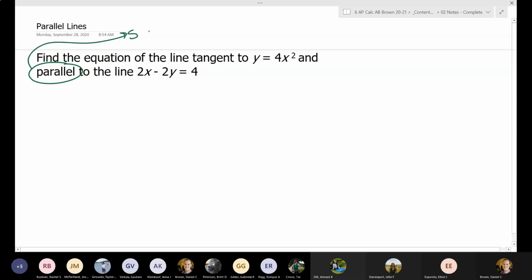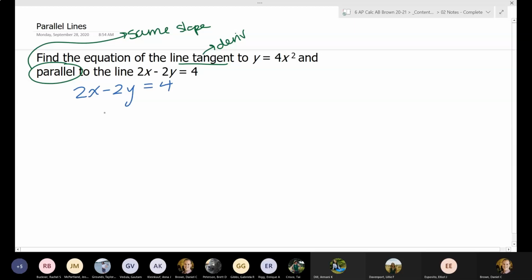That's really the big idea. And then the other big idea is we're talking about a tangent line, we're talking about the derivative. So the big idea behind this one is we want to figure out when the derivative is equal to a certain slope. Well, right now the equation of this line is not in a friendly form to find its slope. That's not normally how we find the slopes of lines. So I would probably just go ahead and solve for y first.